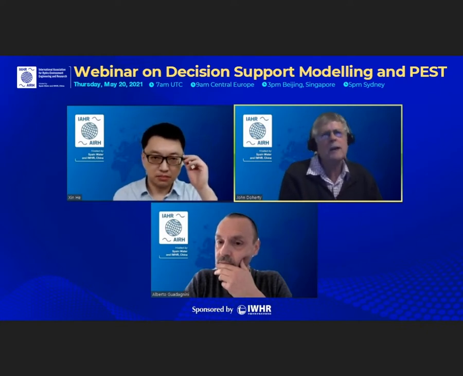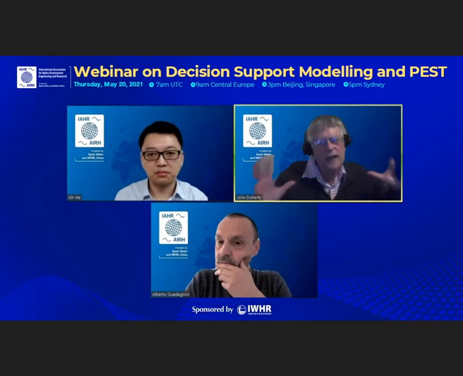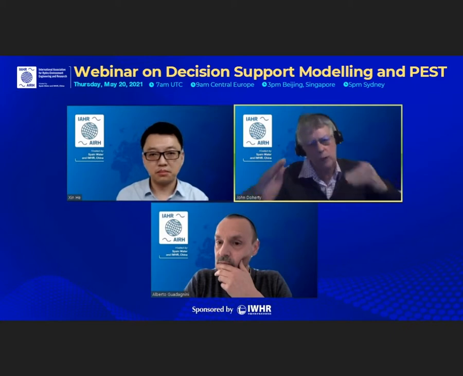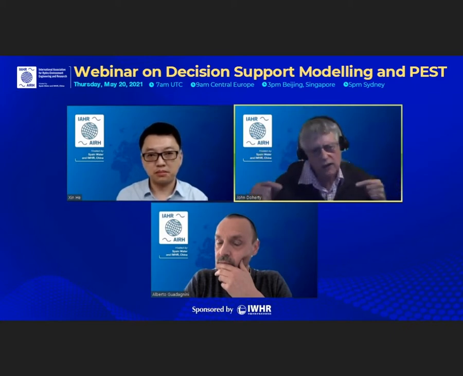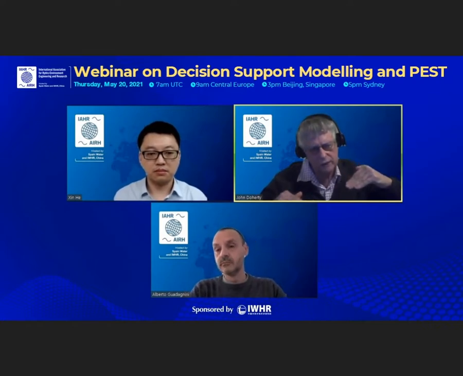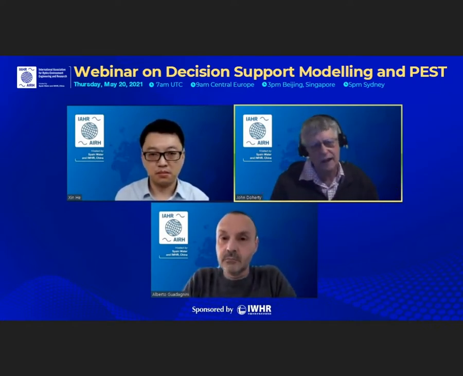The other thing about PEST itself is that it does use that gradient method, so we have to calculate a Jacobian matrix. If you've got thousands of parameters, that can take thousands of model runs. Ensemble methods, you don't need that many model runs, but you don't get your minimum error variance solution. So there's positives and negatives.